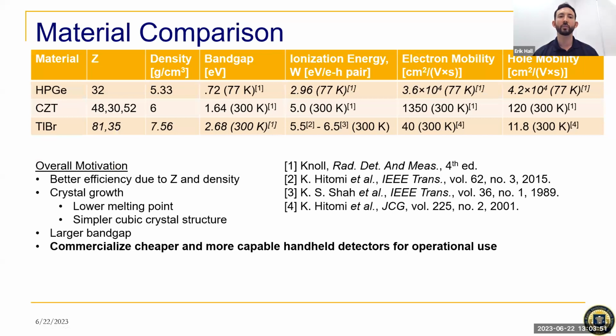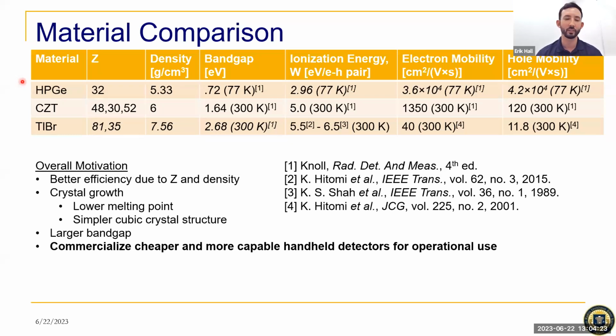All right, so now I'll go over a material comparison to give a frame of reference for what I'm going to be talking about today. The first material here is high purity germanium, which is the standard that we all learn on for radiation detection.